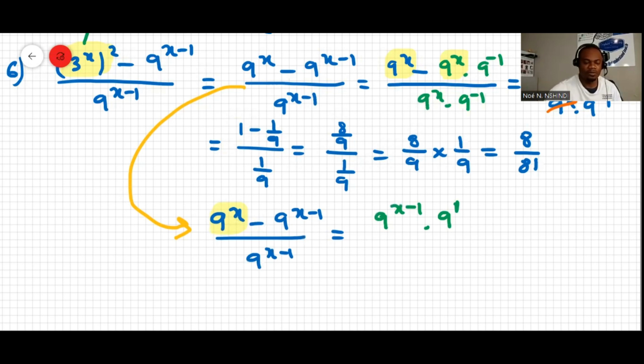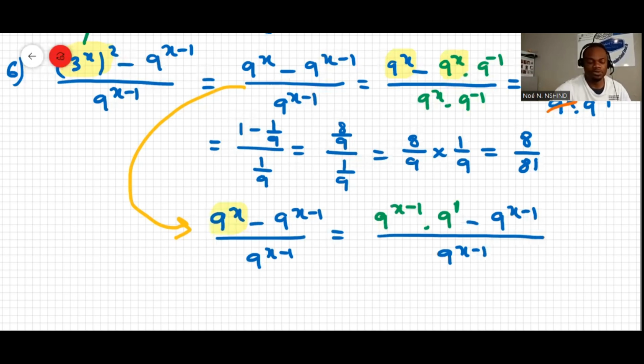Now, minus 9 to the x minus 1 all over 9 to the x minus 1. I did that because I wanted to take this as a common factor, because I know this.